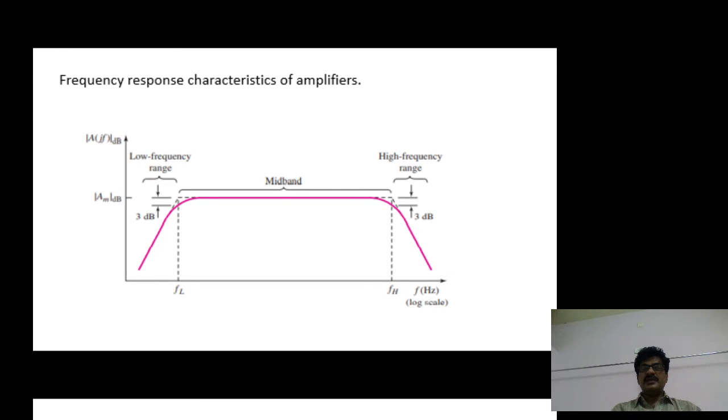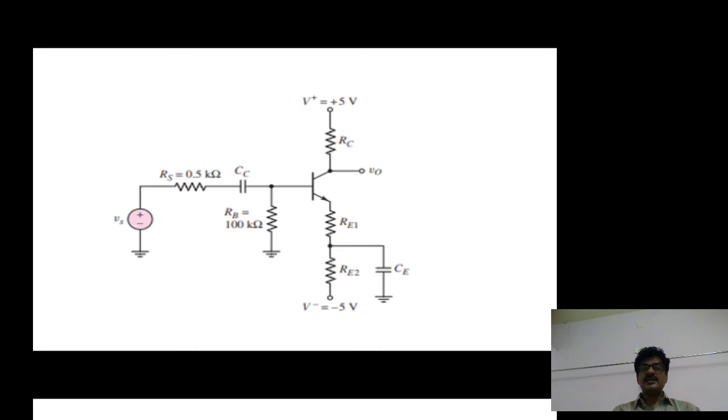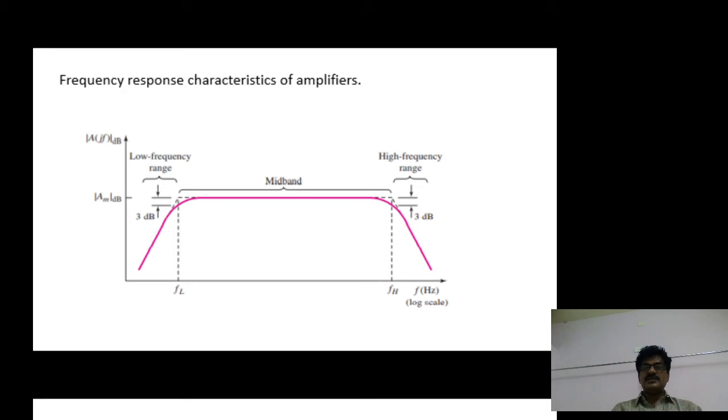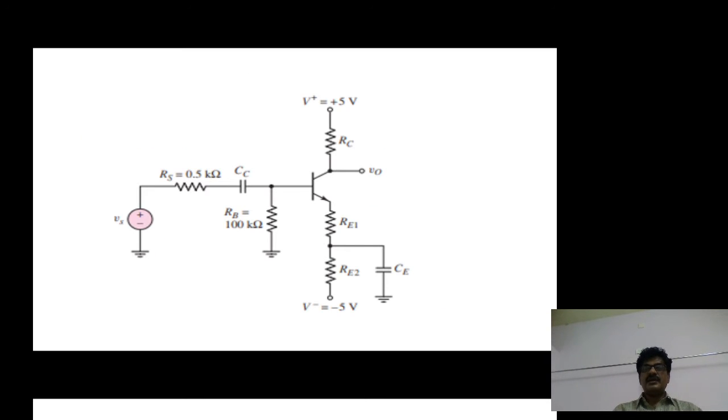If you observe this characteristic curve, what you identify is that in the middle frequency range, the gain is constant. That means in mid frequency range, no capacitor affects the gain. There are different types of capacitors in the amplifier circuit, like at input and output you have the coupling capacitors.